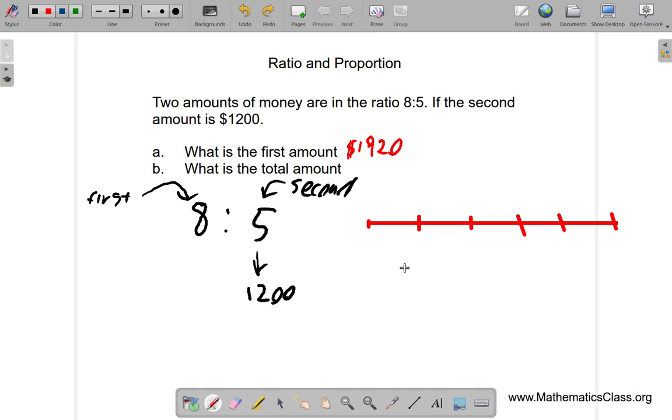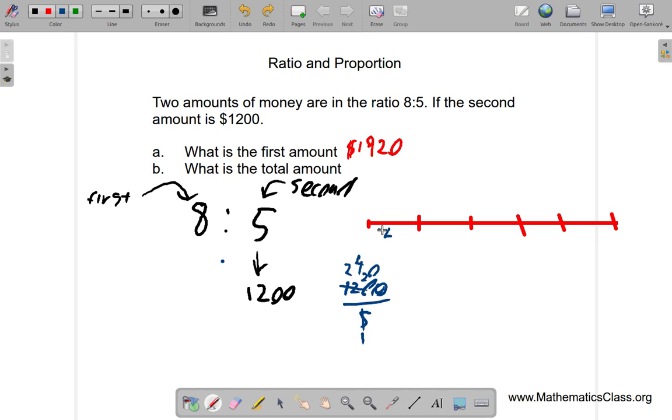So when you divide up the 1,200 by 5, and just as we got a while ago, 5 into 12 goes 2 times and 2, 5 into 24, 0.